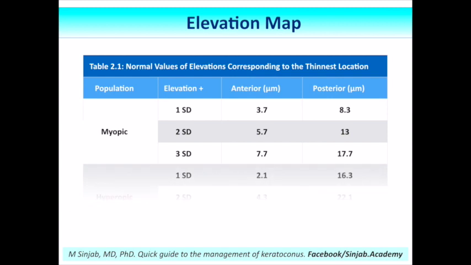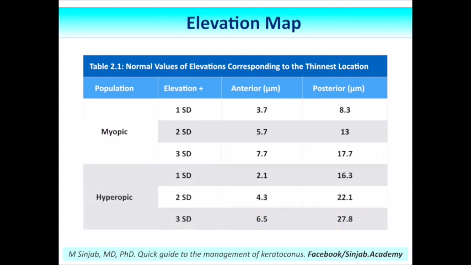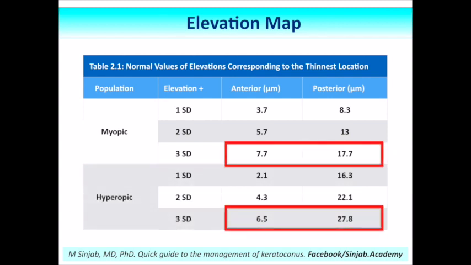Now, this table represents the normal numbers. As you see here, the numbers are different between myopic and hyperopic people. We look at the numbers corresponding to the 3 standard deviation.